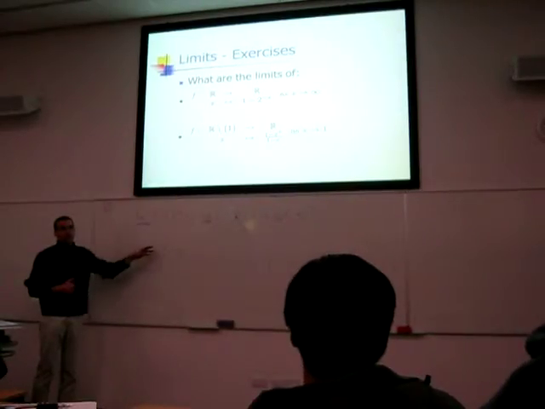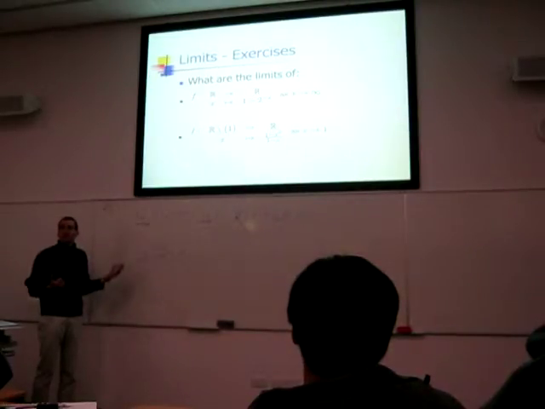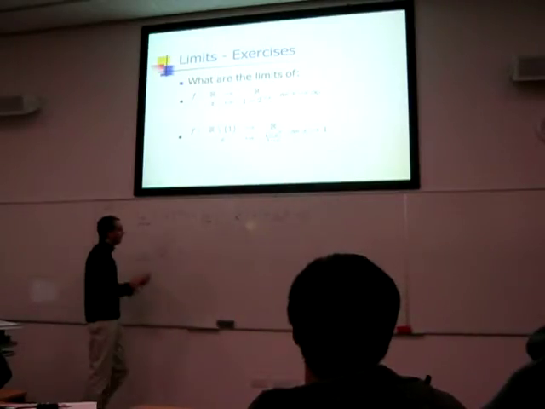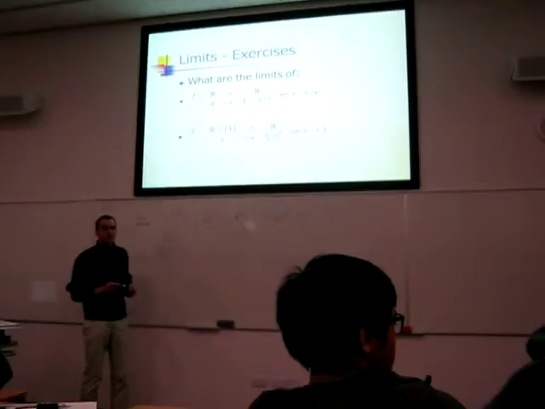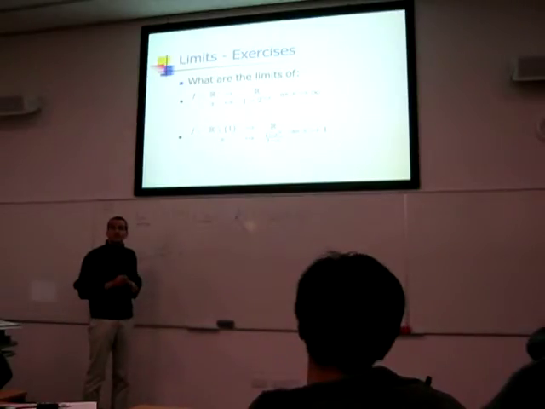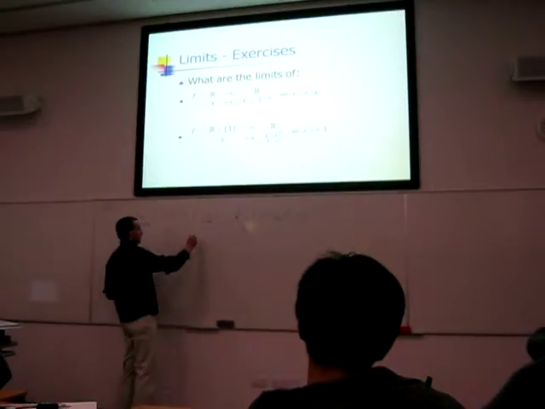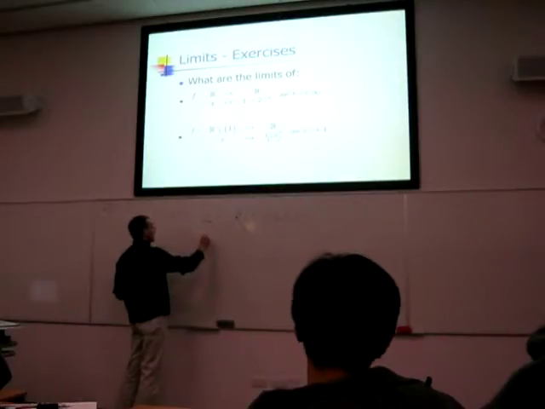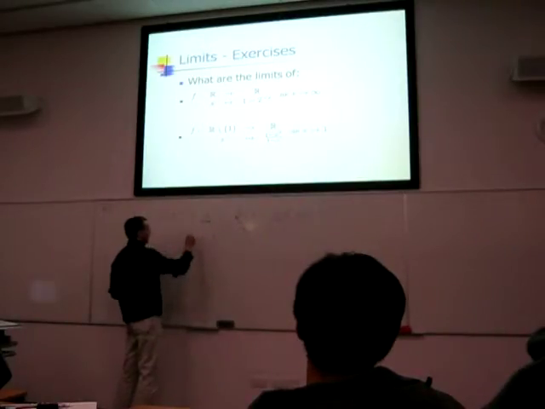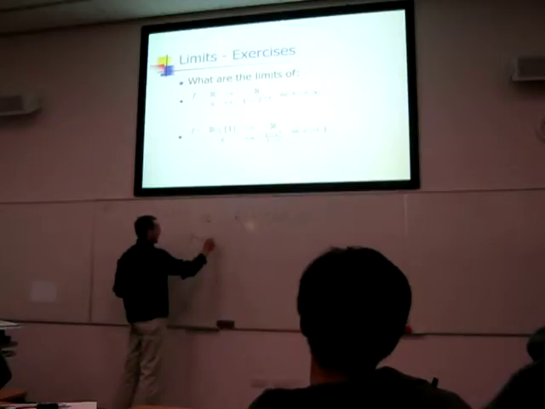Or 1.0001? It's getting very close to 1 now. What sort of numbers do you get back? Did someone plug in 1.001? So what's the value at 1.001? So f of that one is what?